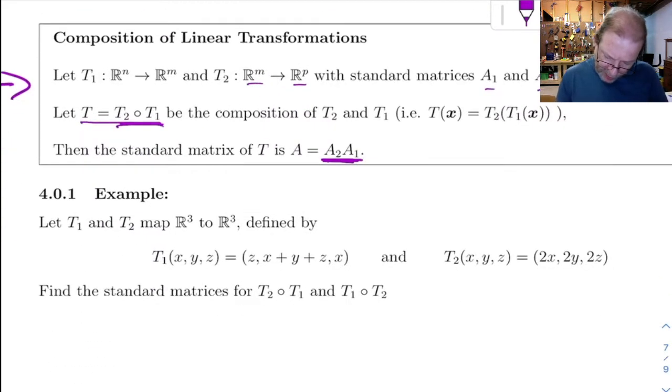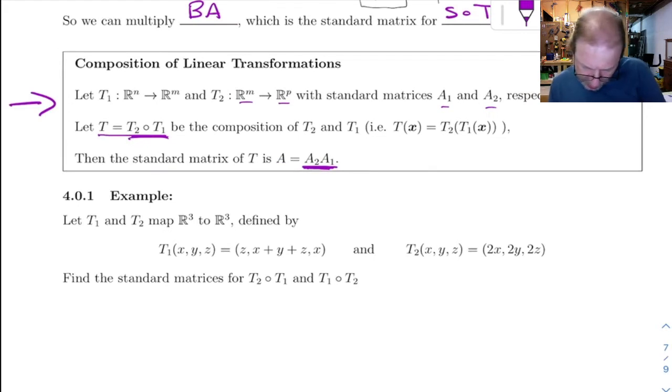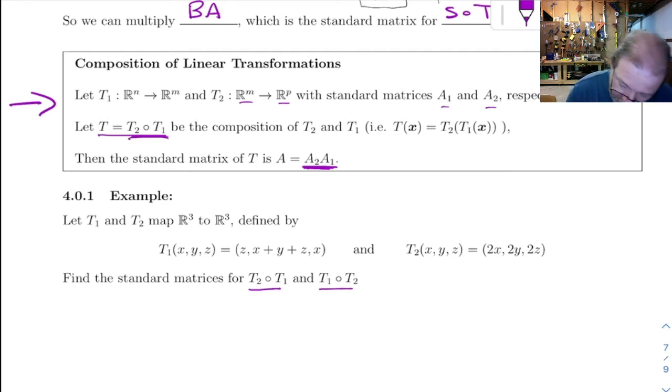All right, so let's do an example. Let T1 and T2 map R3 to R3, defined by this. Both of these have R3 as their domain and codomain. So in a case like this, we can define T2 of T1 and T1 of T2. So let's work out the matrices.